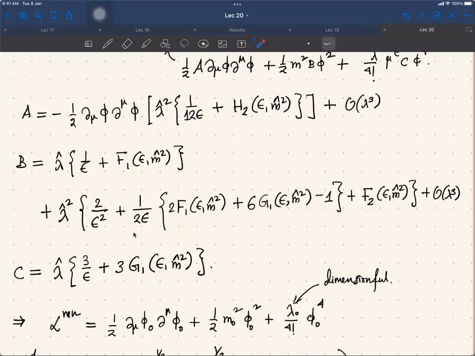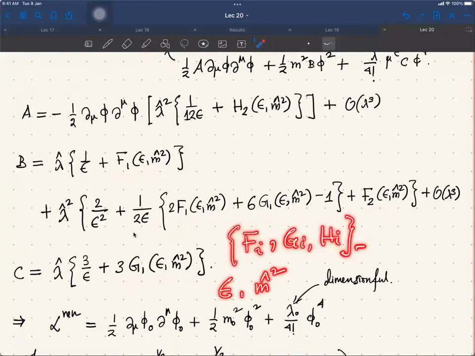So you end up getting a set of finite ambiguities, Fi, Gi, and Hi. Each one of them depends on epsilon and m hat square, and such that in the limit epsilon going to 0, all of them are finite. That is what the finite ambiguities are.